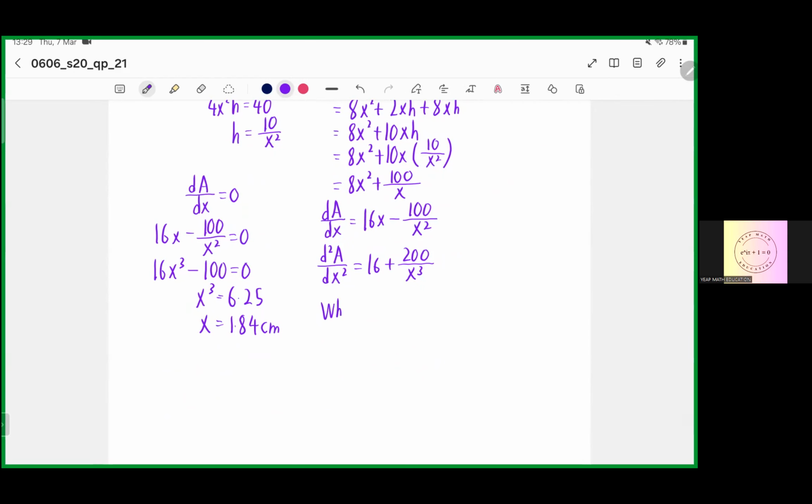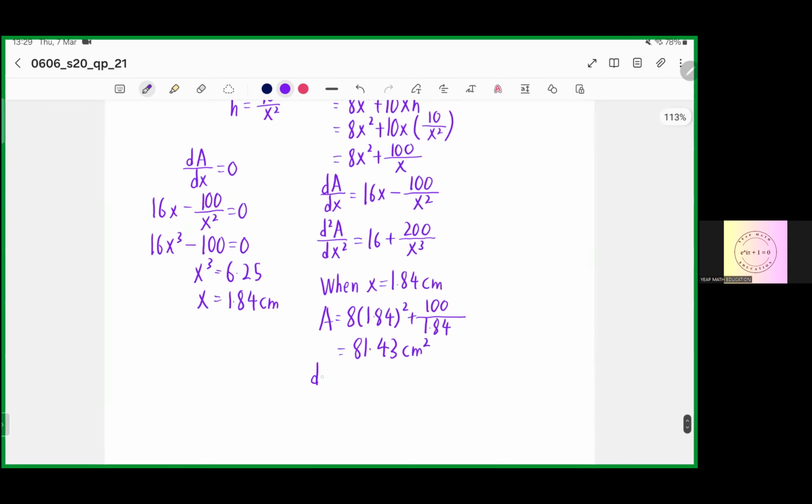When x equals 1.84 cm, A equals 8 bracket 1.84 squared plus 100 over 1.84. Now we get 81.43 cm squared.